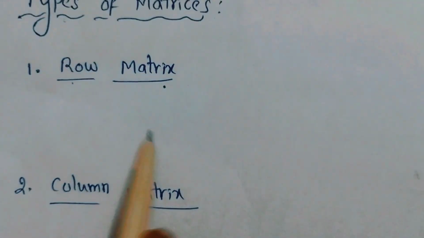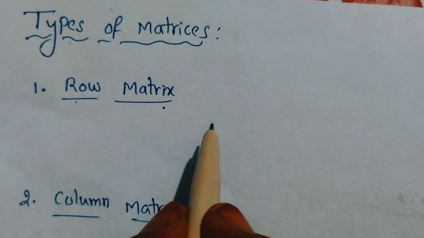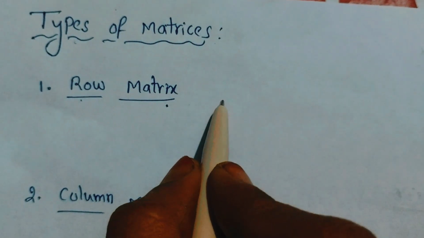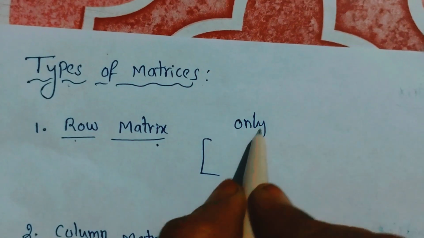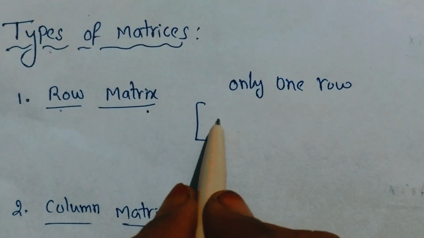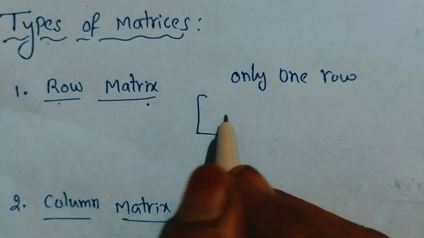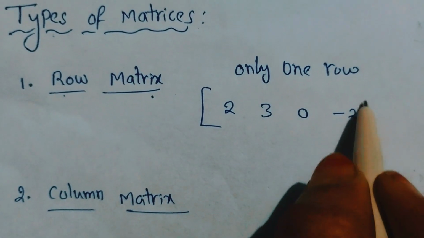First, the row matrix: a matrix with only one row is called a row matrix. For example, take the values 2, 3, 0, minus 2.